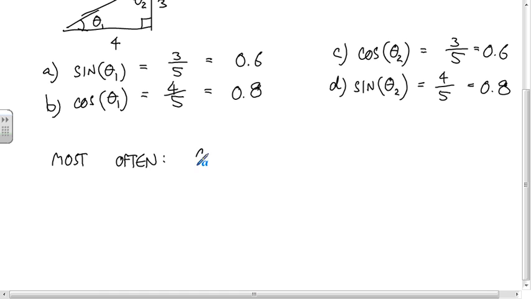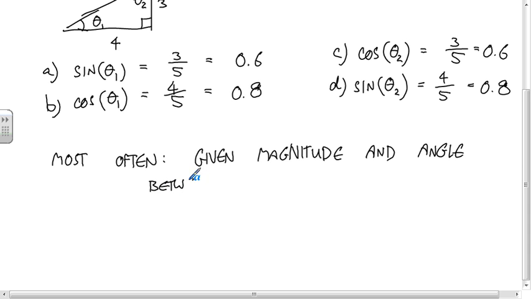We will be given a vector's magnitude and the angle that the vector makes with either horizontal or vertical. And we're going to have to take that and express it in vector components.